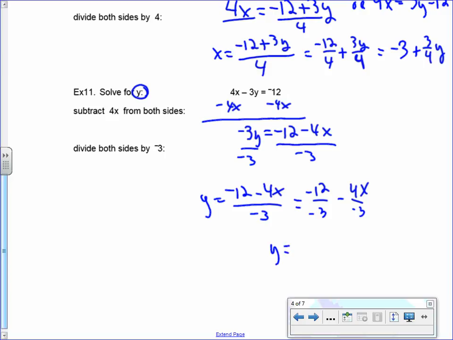Negative 12 divided by negative 3 is 4. And be careful, this one kind of gets lost. Y'all see that that minus and that negative right there are going to come together and make a plus right there. And that's one that's easy to lose in the translation. And then we're going to write that as 4/3 with the x on the outside.